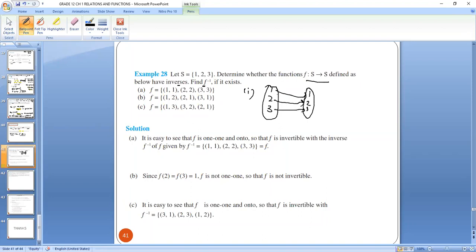That means every element of the domain has only one image, and every element in the range has a pre-image, right? So the function f is clearly 1-1 and onto.